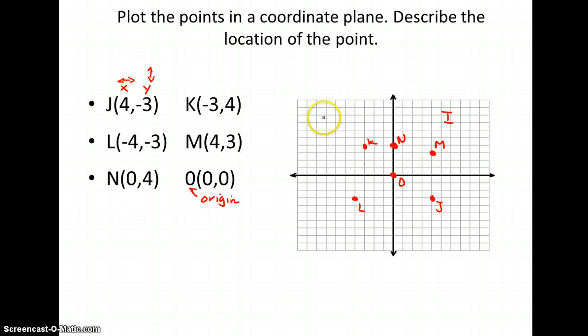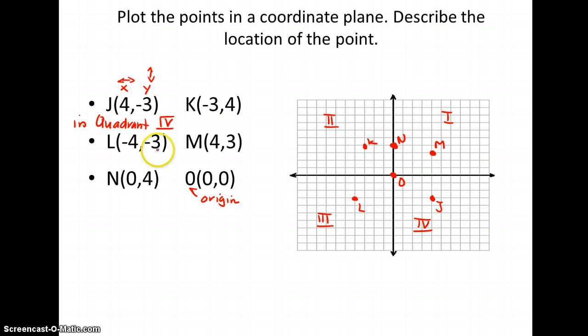Quadrant 1, quadrant 2, quadrant 3, and quadrant 4. When describing the location of the point, refer to its quadrant number. So point J is in quadrant 4.